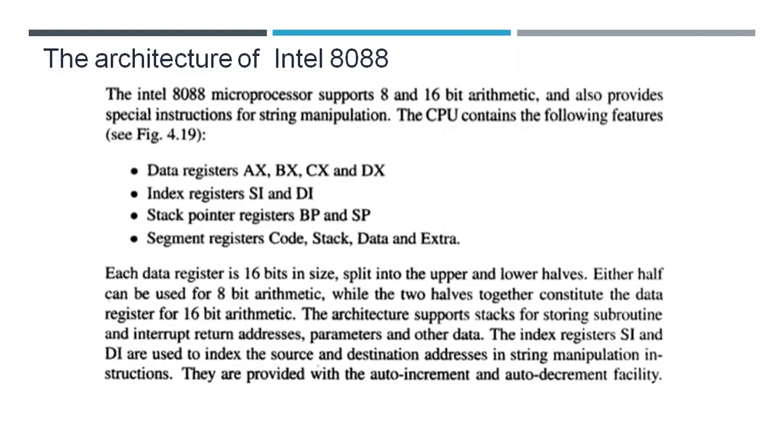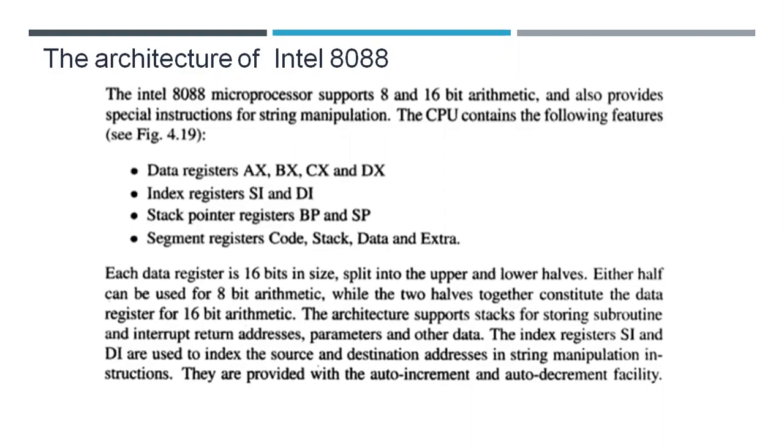All these are split into upper and lower halves. Either half can be used for 8-bit arithmetic, while both halves together constitute the data register for 16-bit arithmetic. This architecture also supports a stack for storing subroutine and interrupt return addresses, parameters as well as other data.